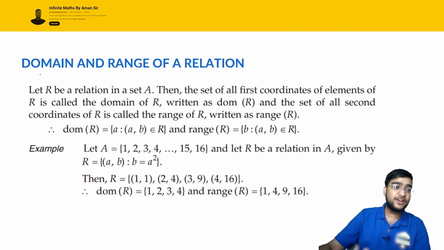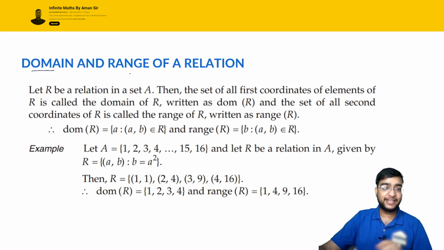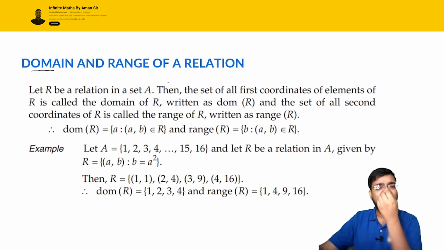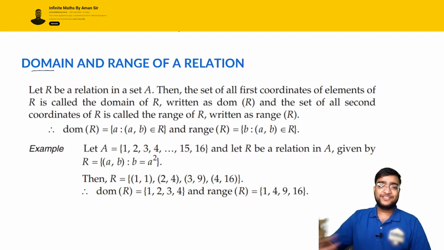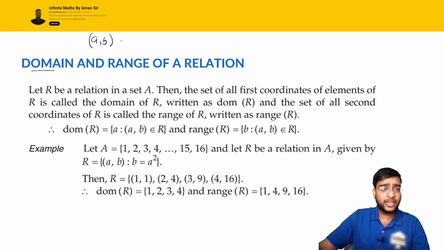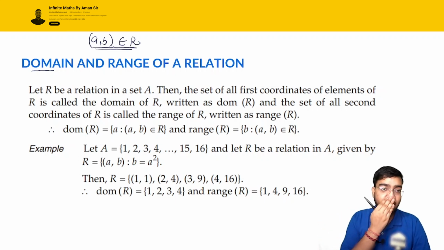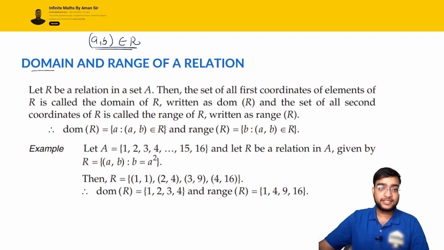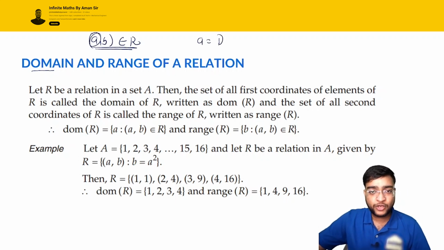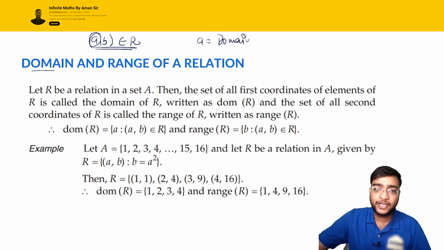Okay, let's see the domain and range of a relation. Very easy. In simple words, if a comma b belongs to my relation here, this a is my domain.